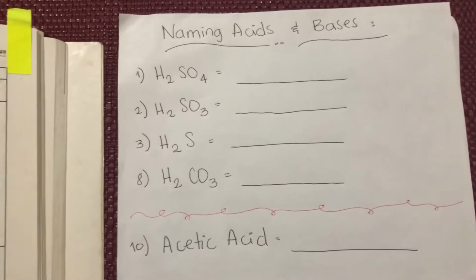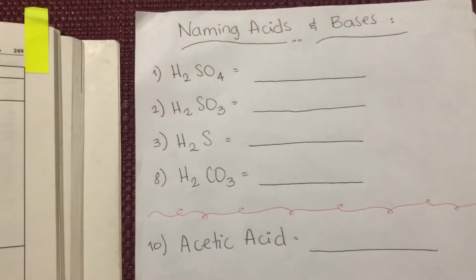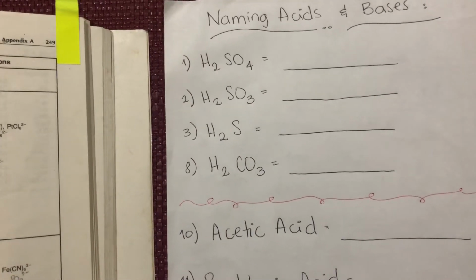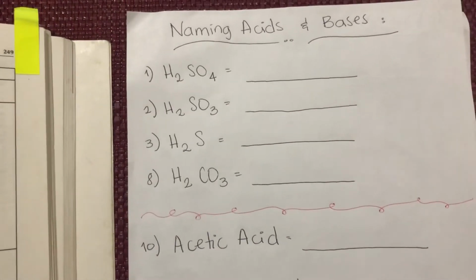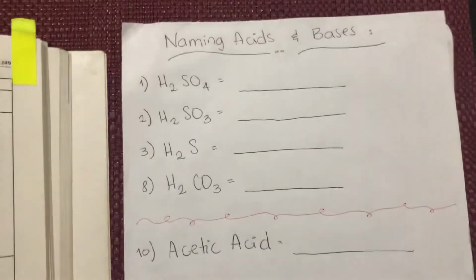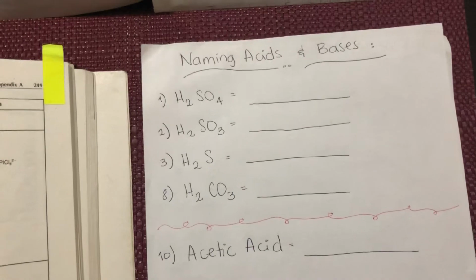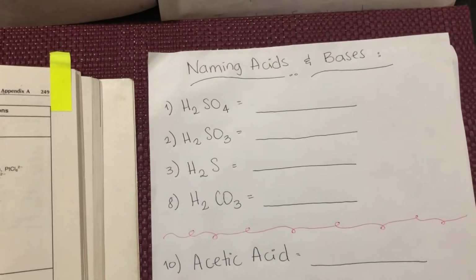Why? Because the name of an acid is based on the name of the negative ion that is part of that acid. So we need to be able to identify in a chemical formula which is my negative part and which is playing as the positive part.